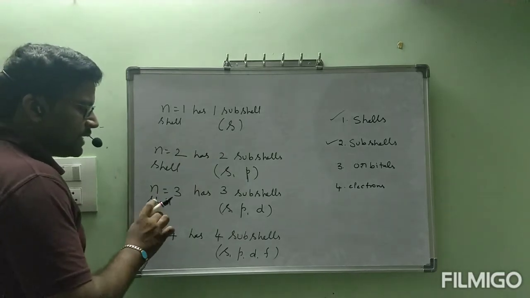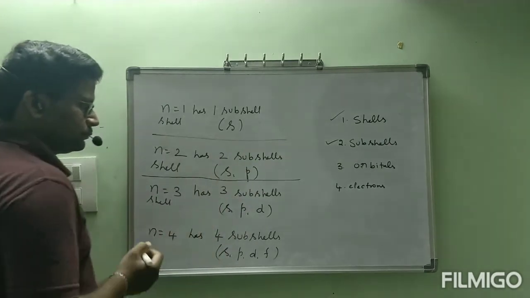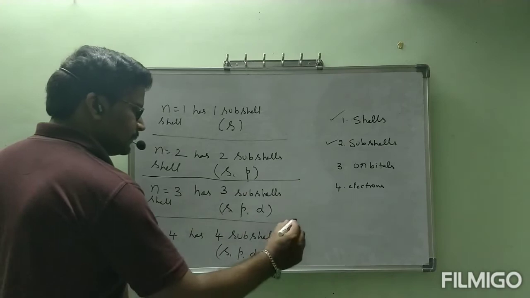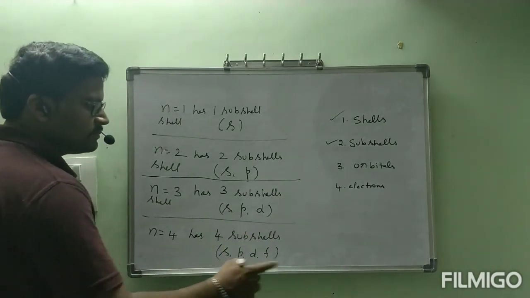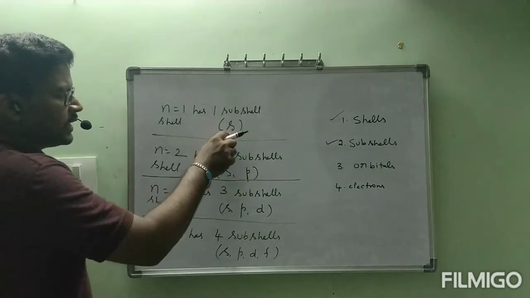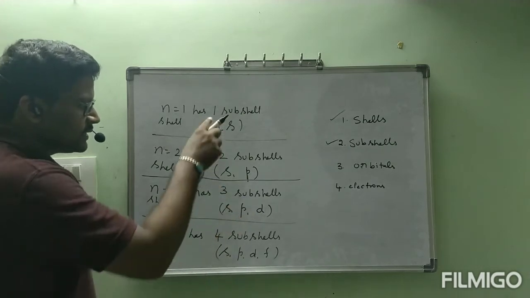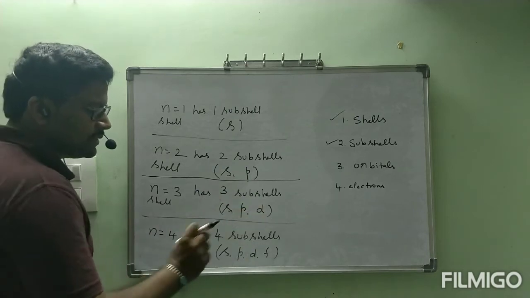N is equal to 3 has 3 subshells, s, p, d. N is equal to 4 has 4 subshells, s, p, d, f. Everywhere s, sp, spd, this s is getting repeated. From here p is getting repeated. From here d is repeated.